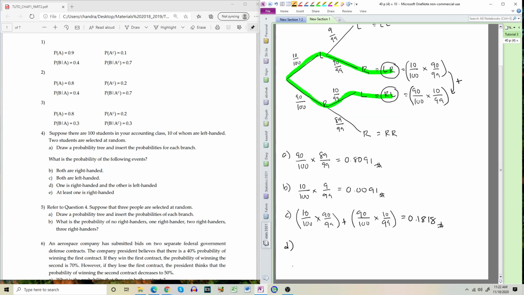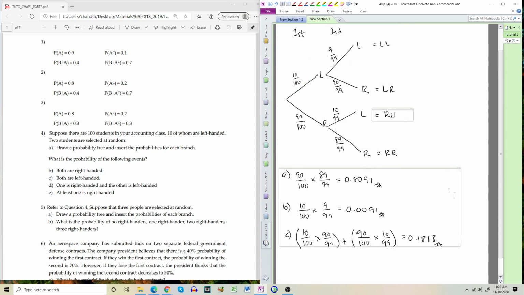And D, at least one right hand. At least one right hand means it can go up to two right hands.